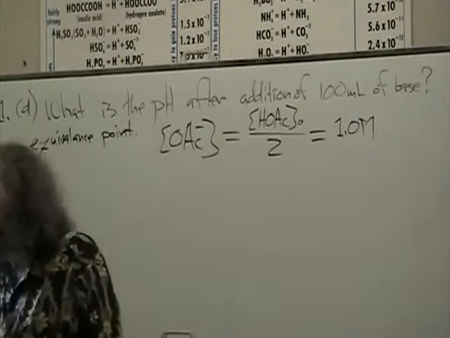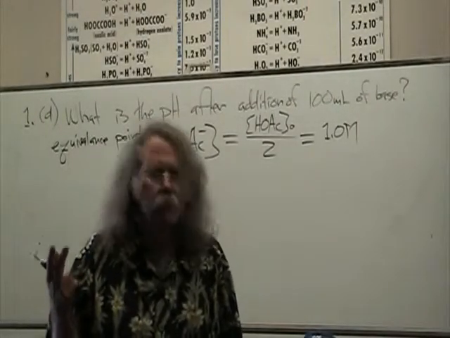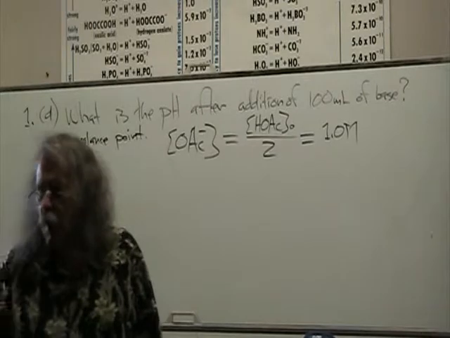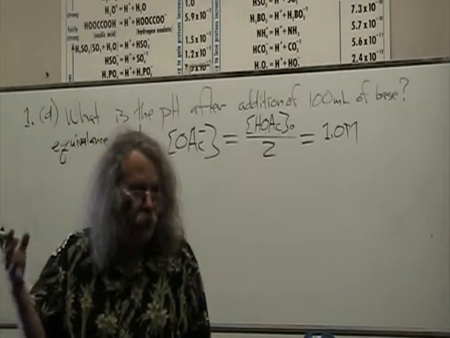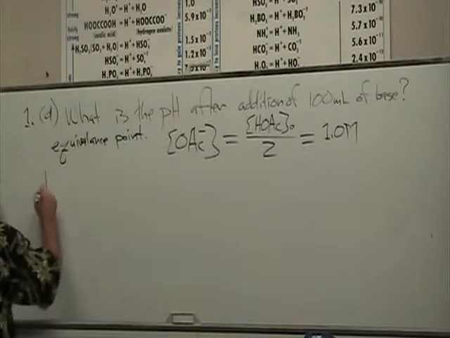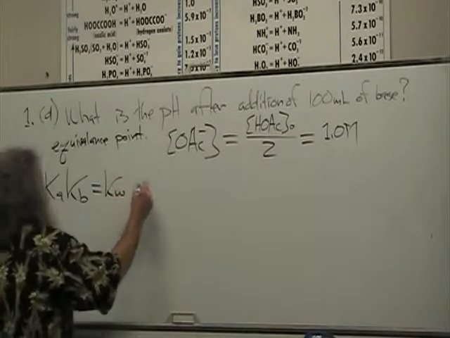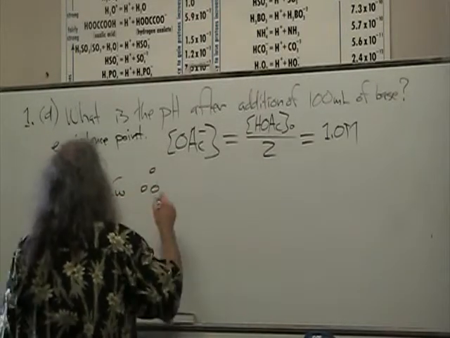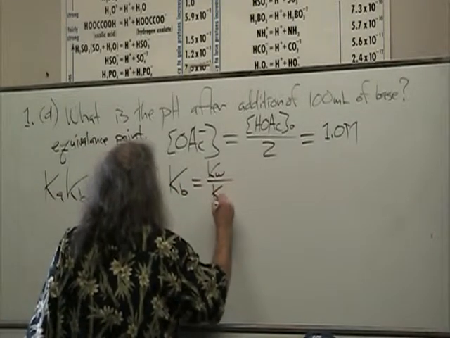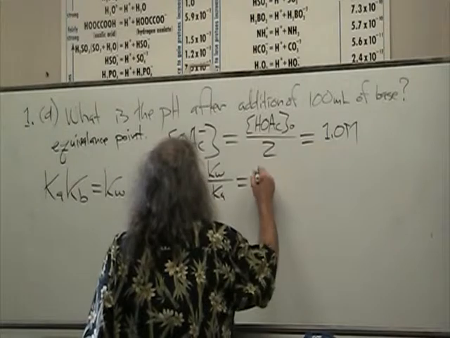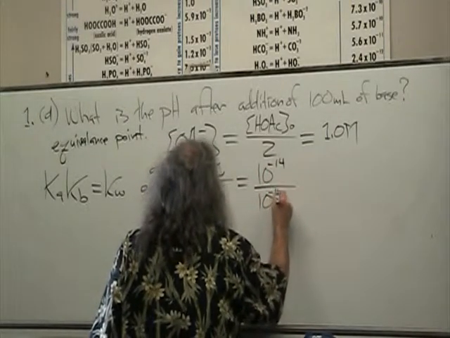And what relation am I going to exploit to find that? What's true? Yeah, the product of the Ka and Kb for conjugate pairs is equal to Kw. So Ka times Kb equals Kw, and therefore Kb equals Kw over Ka, and that's equal to 10 to the minus 14 over 10 to the minus 4.75.